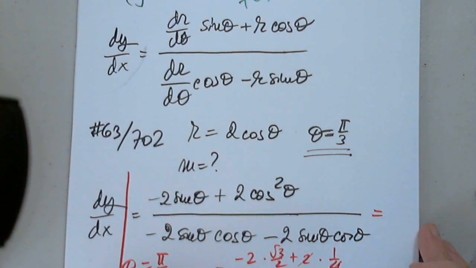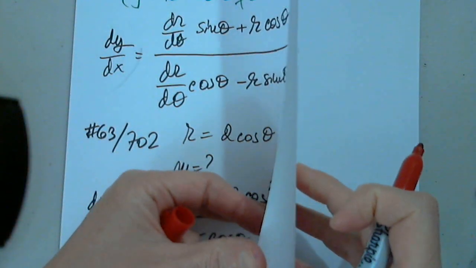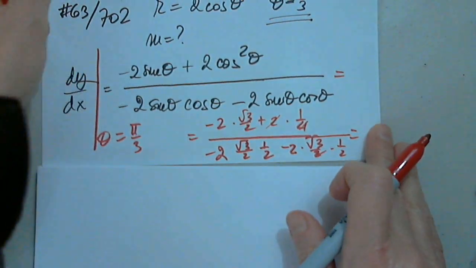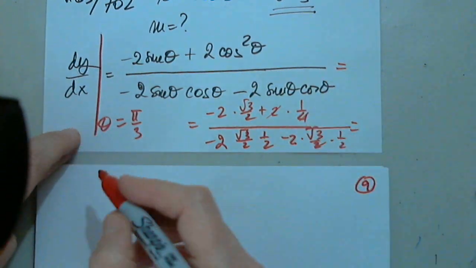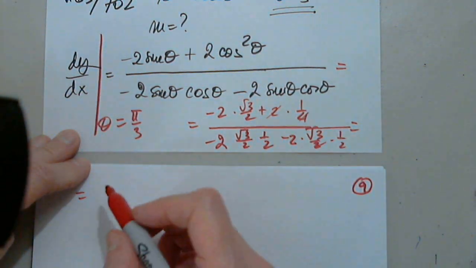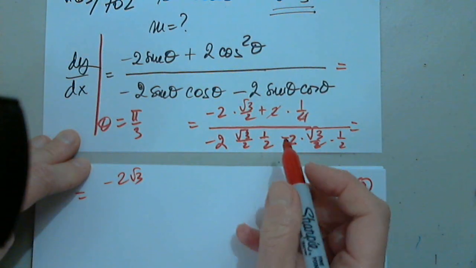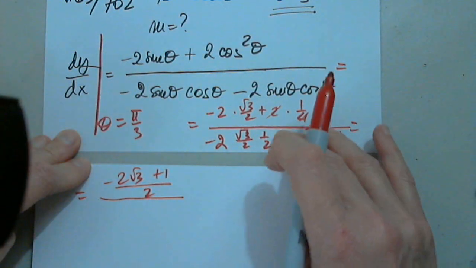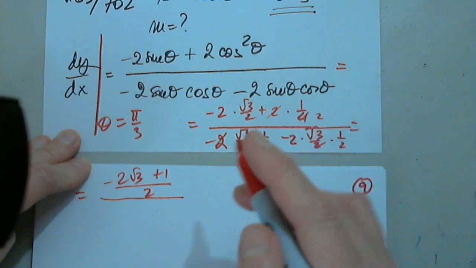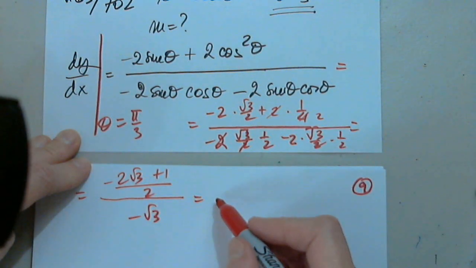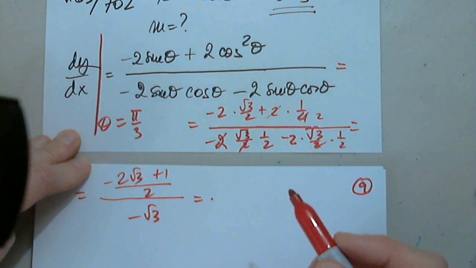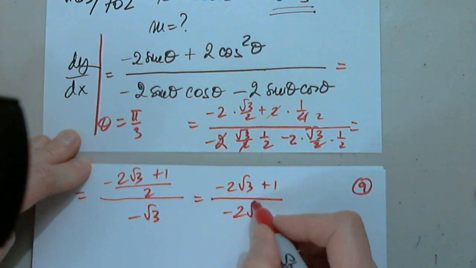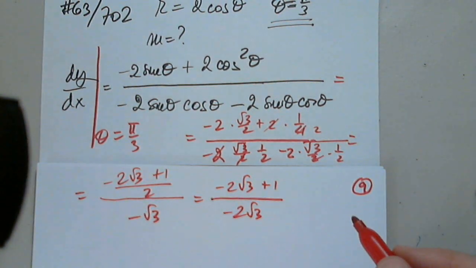I will only simplify these two. Okay, let's see. -2 the square root of 3 plus 1 over -2 the square root of 3.